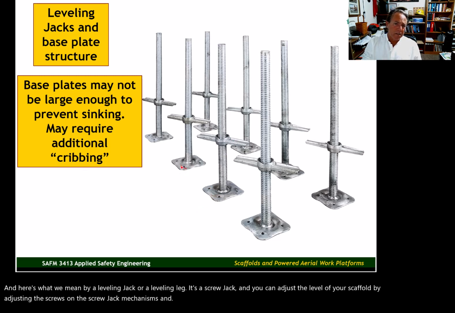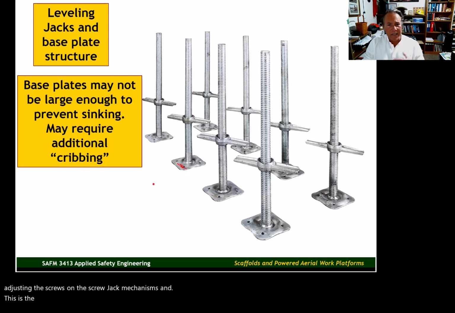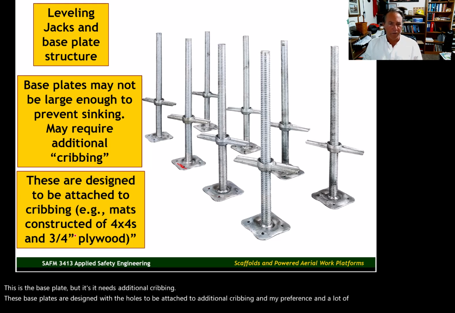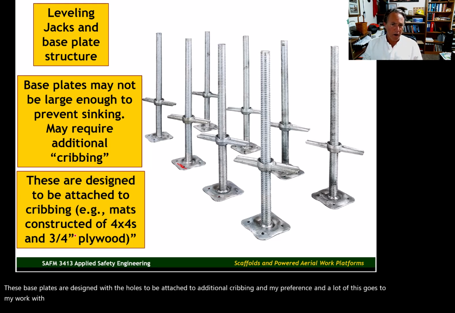And this is the base plate, but it needs additional cribbing. These base plates are designed with the holes to be attached to additional cribbing. And my preference, and a lot of this goes to my work with cranes. With cranes, we don't use anything less than a 4x4.